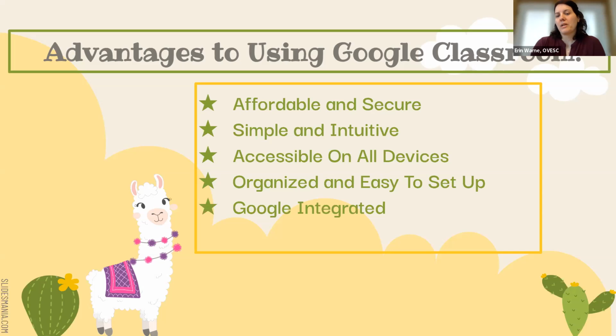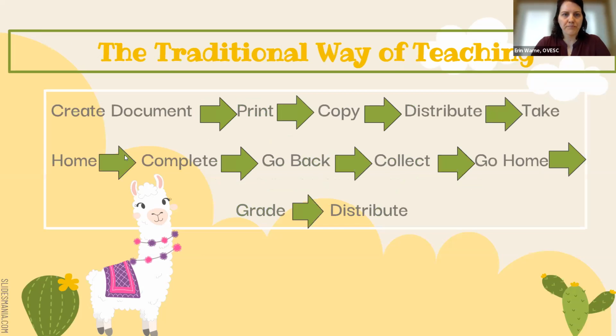It's organized, pretty much easy to set up, and we're going to talk about those steps today. And the best part is that it's Google integrated, meaning all the Google apps, so Docs, Sheets, Slides, Forms, Sites can all be easily integrated with just a push of a button. Students are able to use that, and you don't have to convert things back and forth.